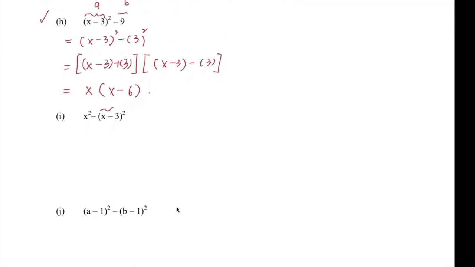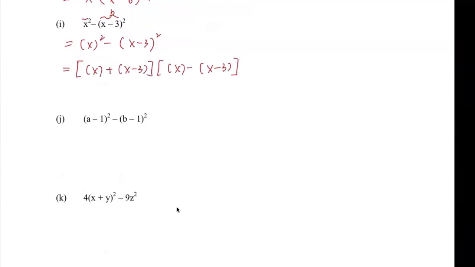Question I, we see x as a and x minus 3 as b, right? So x squared can be written as x squared minus x minus 3 squared. So this can be written as x plus x minus 3 times x minus 3.